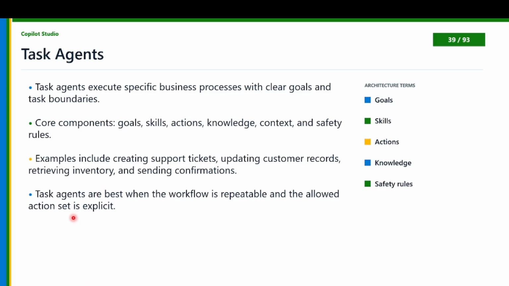And the allowed action set is explicit, so the action is clearly defined, not a complex action or custom action that will require another complexity. A task agent can simply be built in Copilot Studio, and make sure they include these core components.